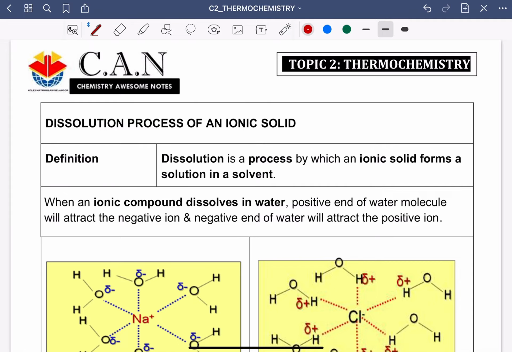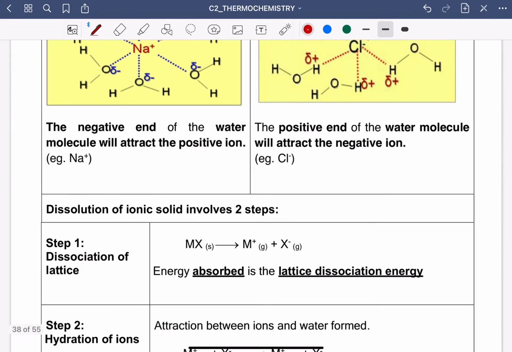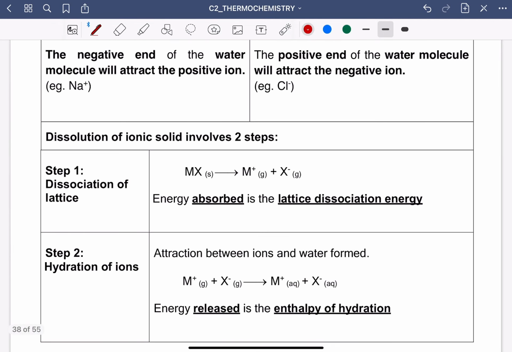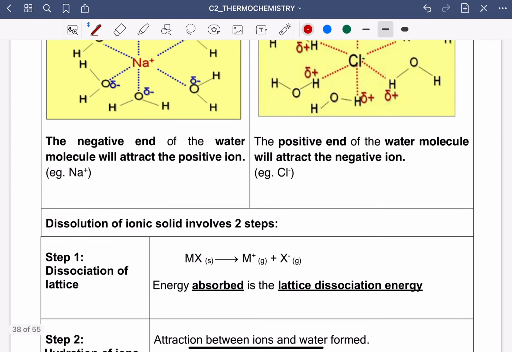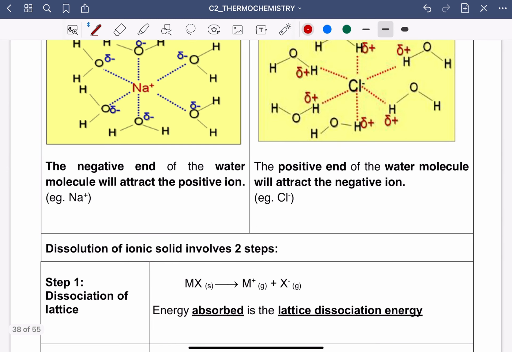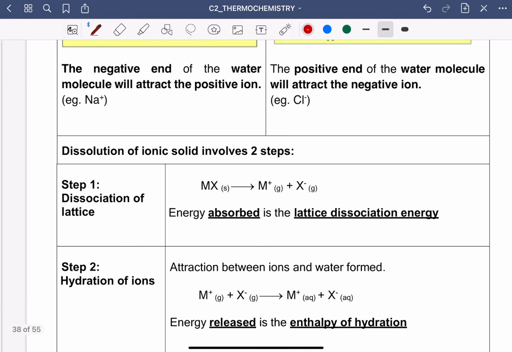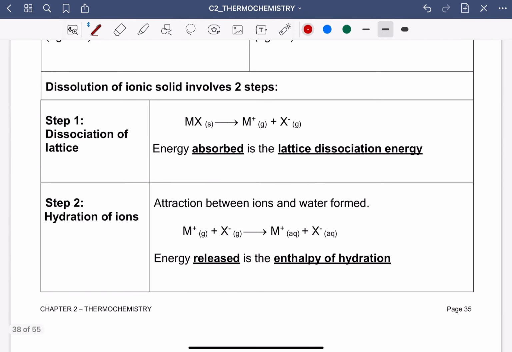You can read the definition at page 35, and then I will just go directly to the process. When we are talking about the dissolution of an ionic solid, you can imagine something like sodium chloride, and you dissolve it in water, and you're going to get sodium ion aqueous and chloride ion aqueous.